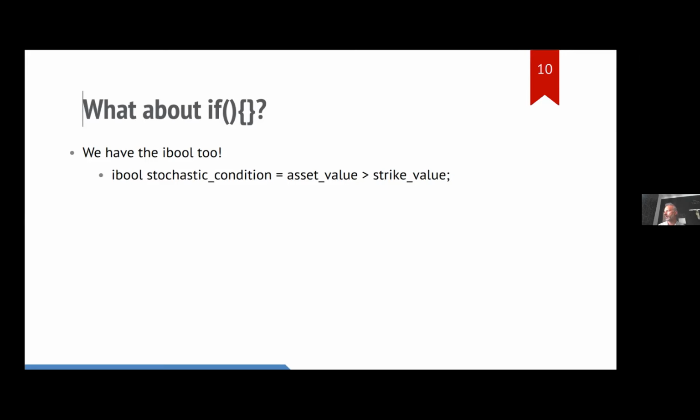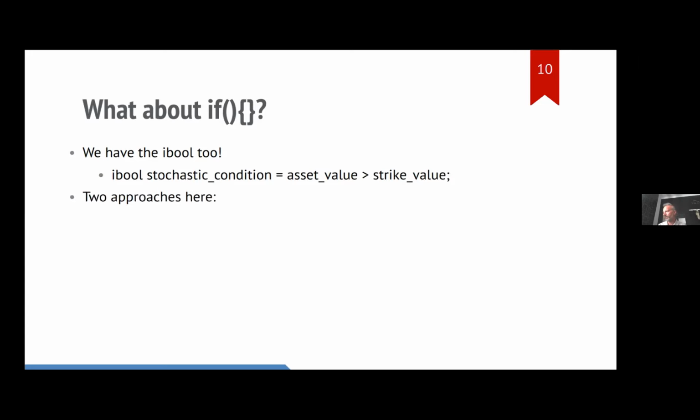And we compare it to a strike value, which is perhaps a static value. But the result of this comparison is an active Boolean. It may result in true or false at runtime, depending on the path the Monte Carlo simulation would take. So this variable, the stochastic condition, represents a handle of this value that we will know later on.